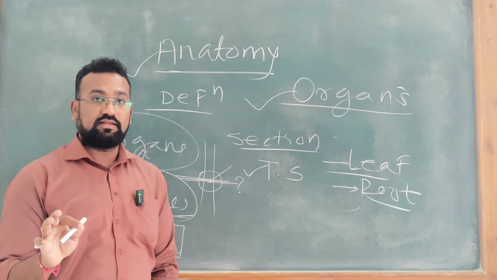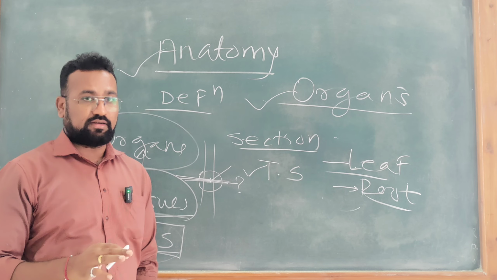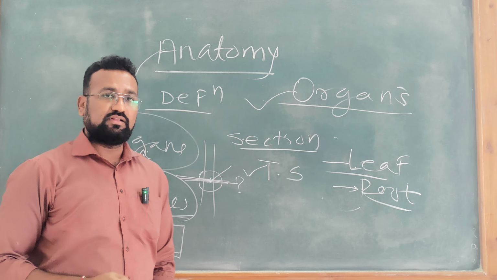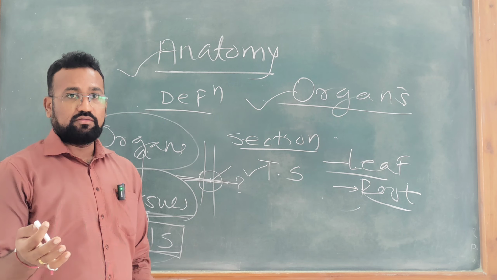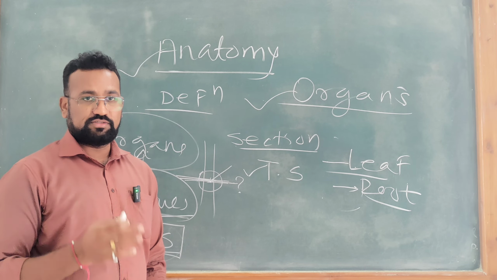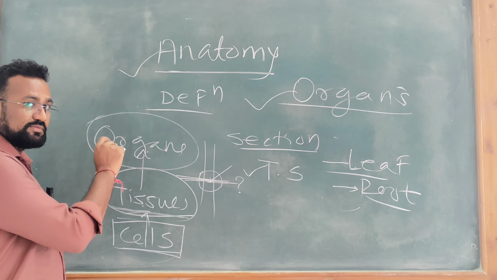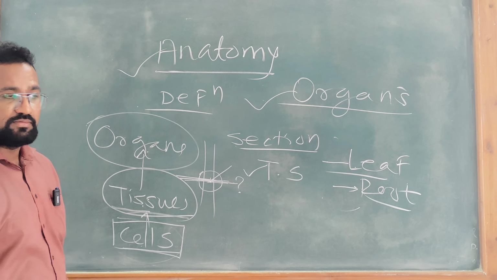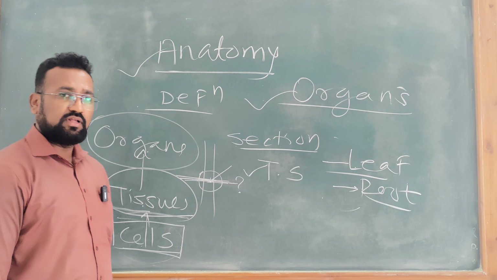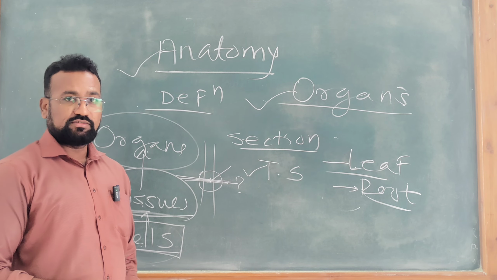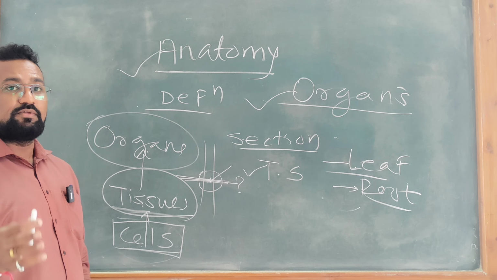You will never find a similar type of cell from the root to the leaf of the plant. Similarly in animals, you have different types of cells in heart tissue and in brain tissue. Likewise, you have different types of cells in different organs such as root and leaves, which I have highlighted here. There are various organs: fruit, stem and flower. According to the organ, the cell type will vary.